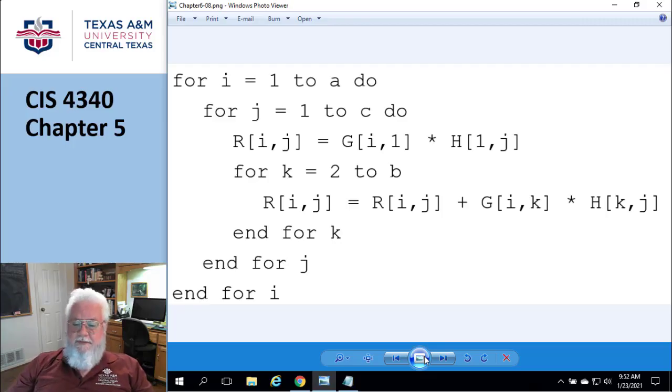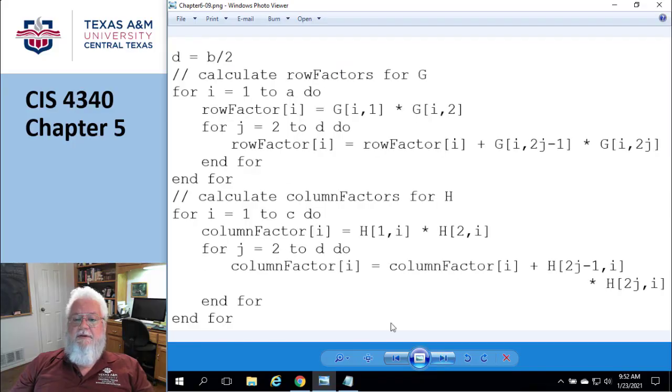One is a pre-processing phase, where I calculate some factors, a column factor and a row factor. After I've done this pre-processing, I can speed things up because I can do fewer multiplications. And then you do the calculating phase.